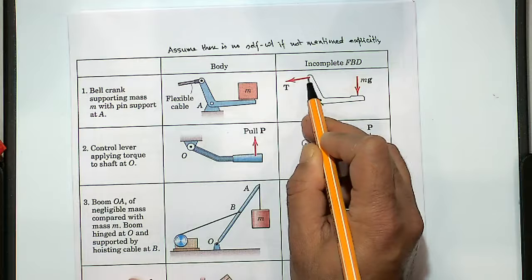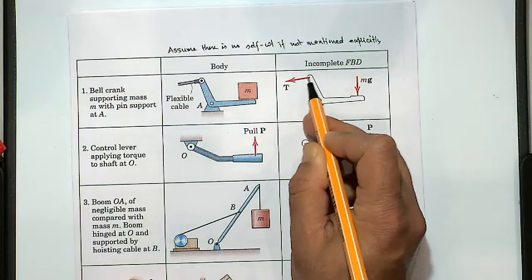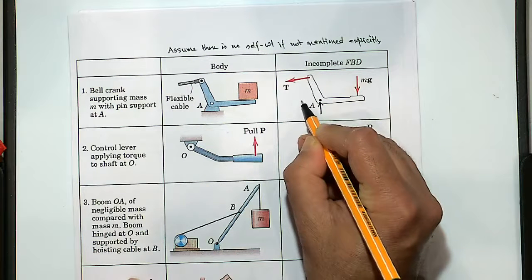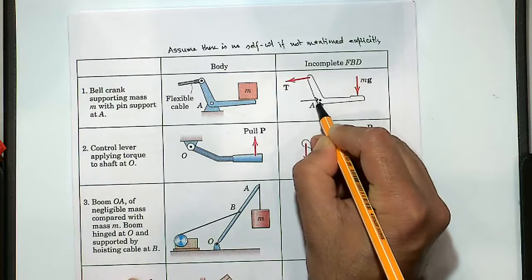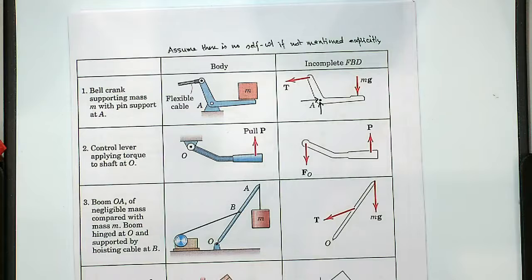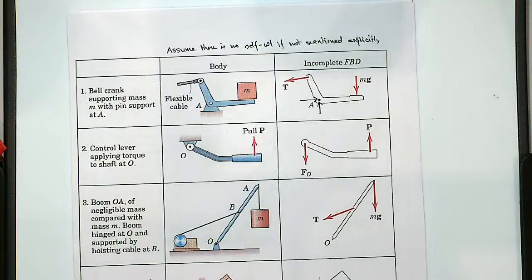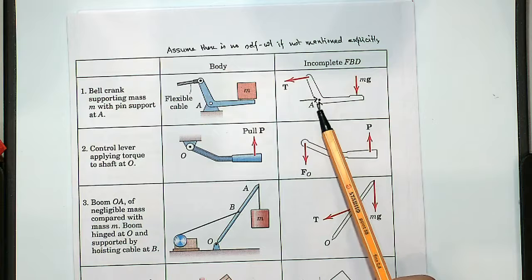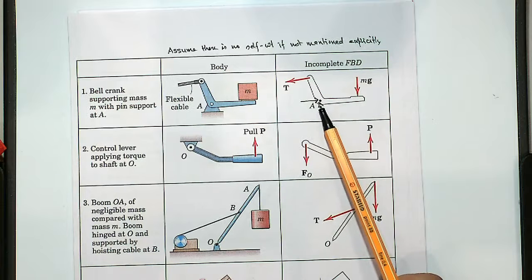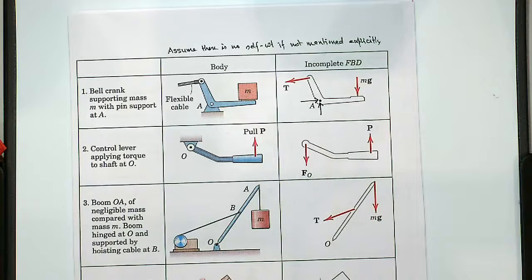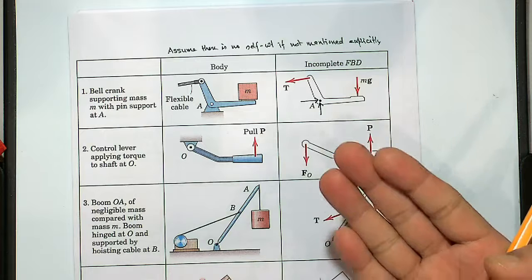Now, as you can see, the tension force is shown going from right to left, so that must be balanced by a force going from left to right. The direction of this is not, strictly speaking, important. Why do I say so? Because if you choose one of these forces in a different direction, once you do the equilibrium, the right direction would come.